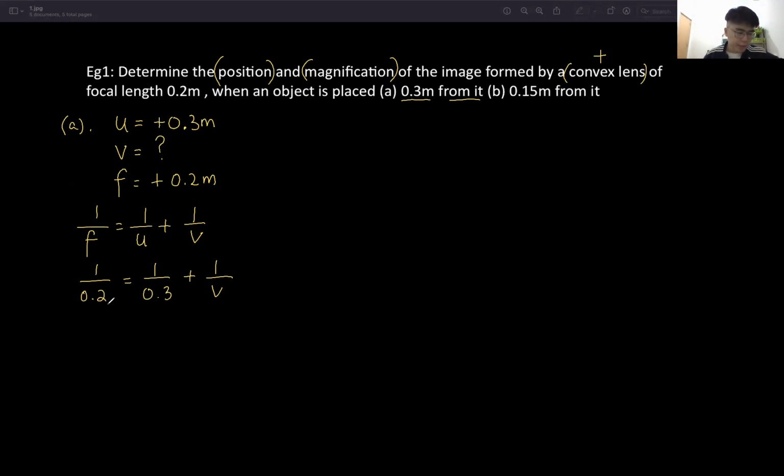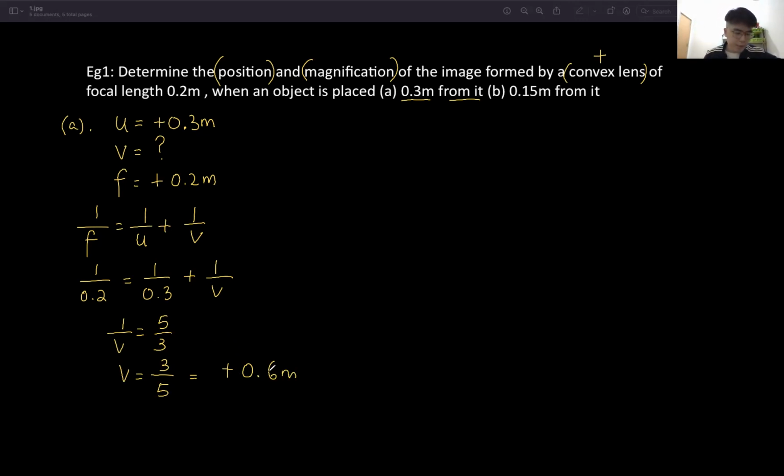Calculate this, you get 1 over v equals 5 over 3. Be careful, this is the reciprocal, so I flip this one. I get v equals 3 over 5. That is positive 0.6 meter. Now you don't have to write the sign, I write it just to show you the difference between negative and positive.